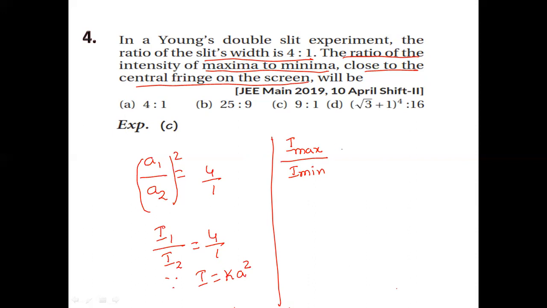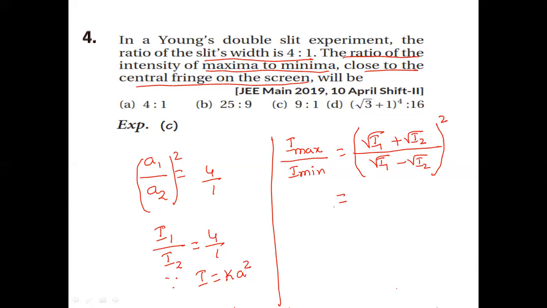That is under root I1 plus under root I2 by under root I1 minus under root I2, whole square.